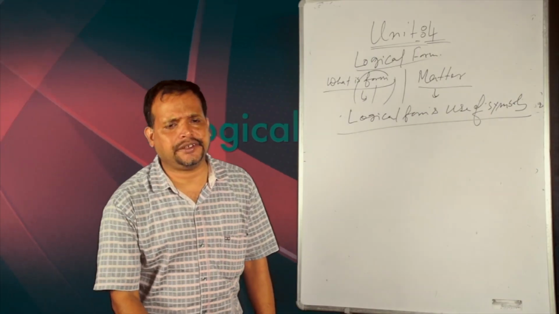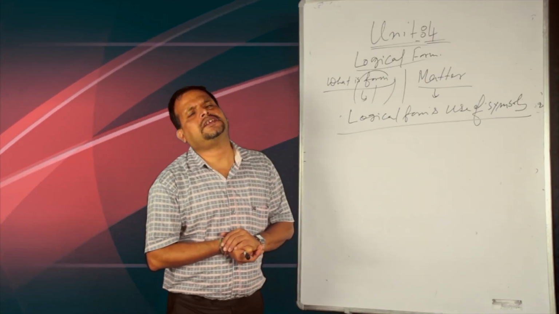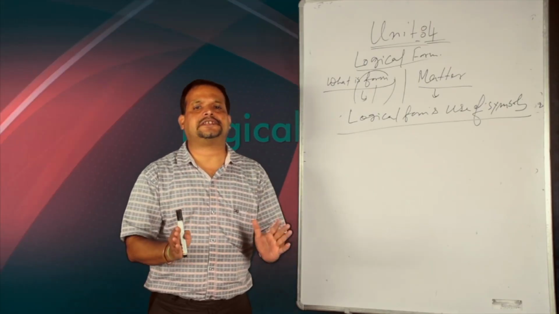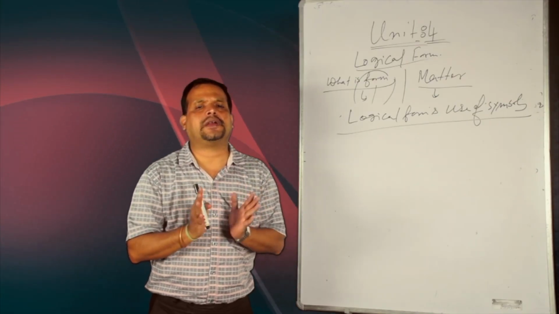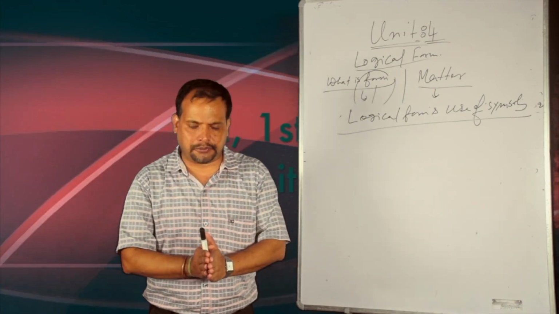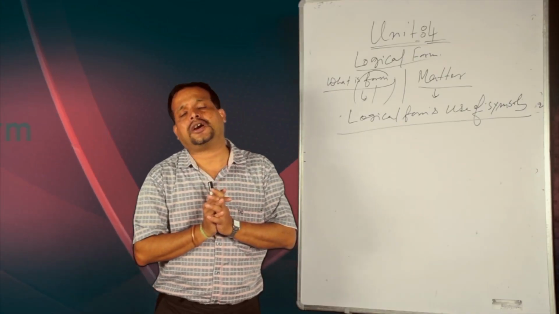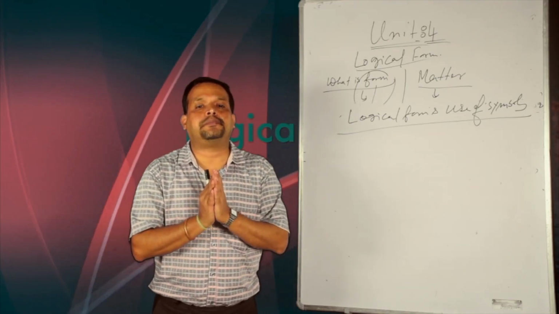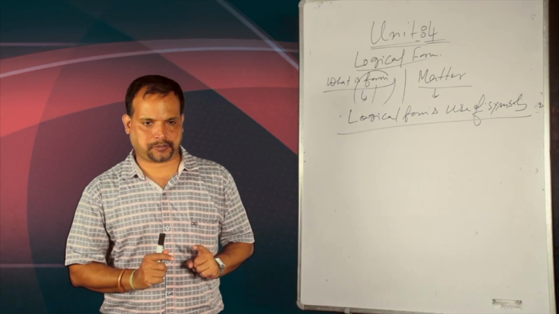So in this unit there are some basic points. Logical form is the structural synthesis or coordination of the elements of the proposition or the argument, as the case may be. Logicians put more emphasis on the concept of logical form rather than on matter or the elements of the proposition or the argument, because the validity of the argument depends on the form and not on the matter.